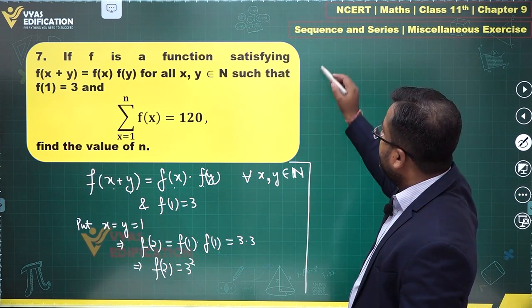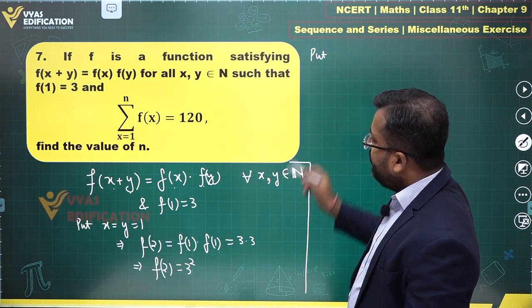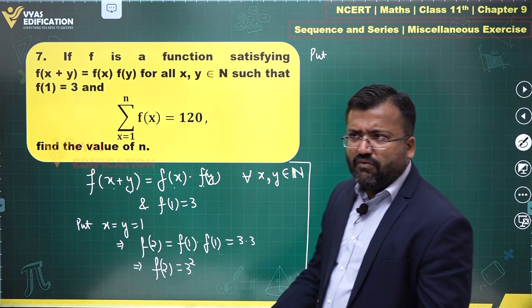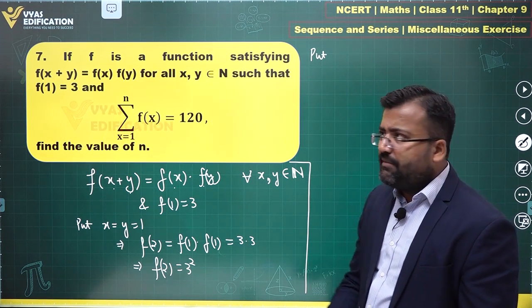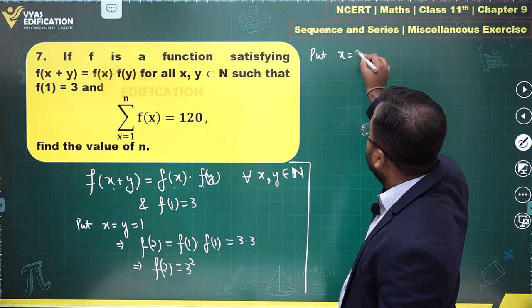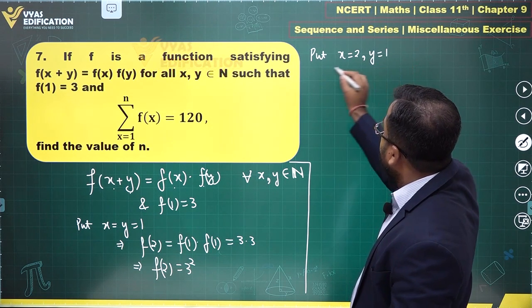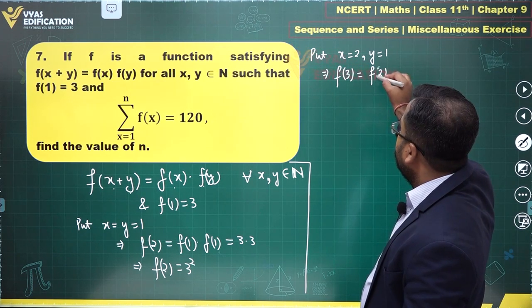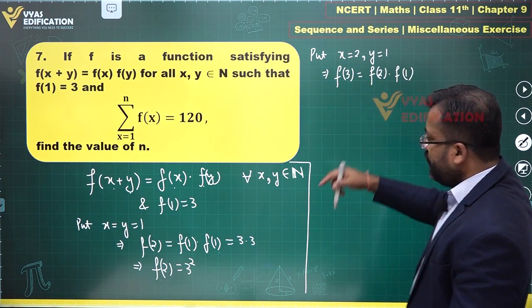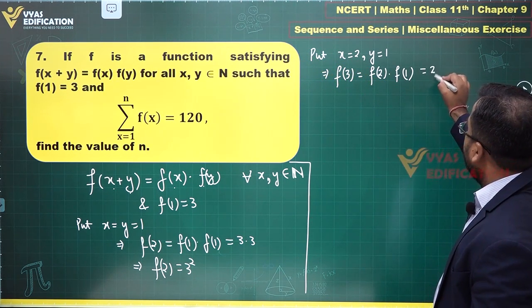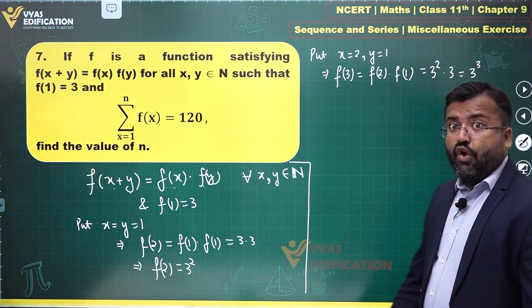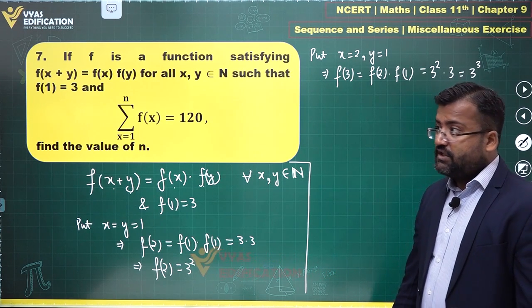Let's try to find f3. For finding f3, I can put x equals 2 and y equals 1. f3 is equal to f2 into f1. Now f2 is already known. This is 3 square. f1 is 3. This is actually 3 power 3. f3 is 3 power 3. Yes.